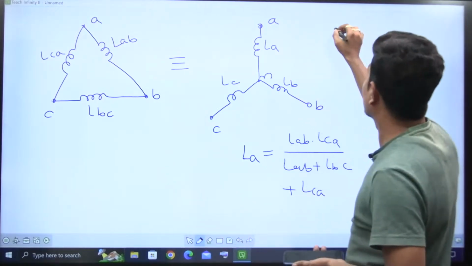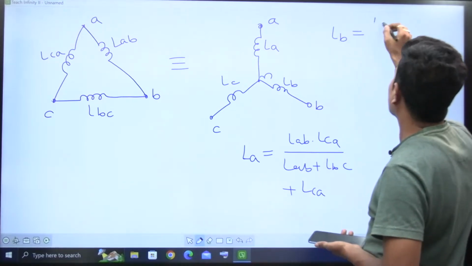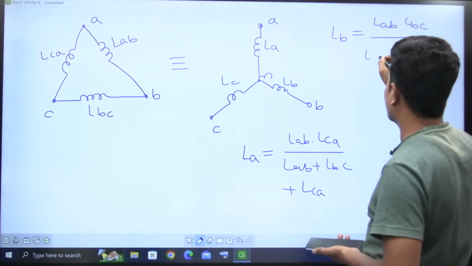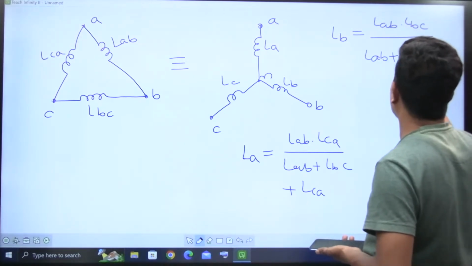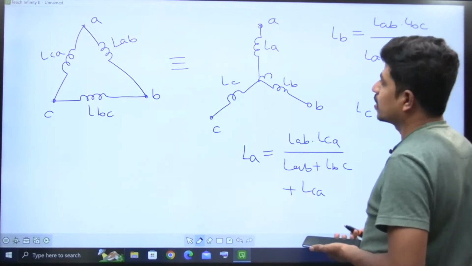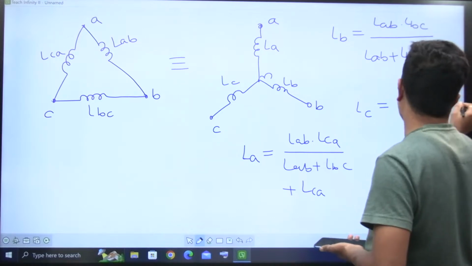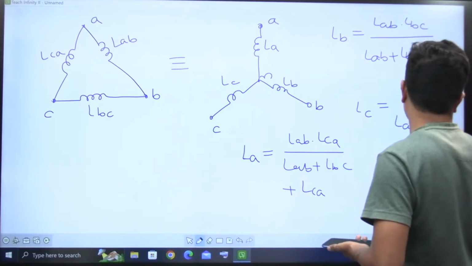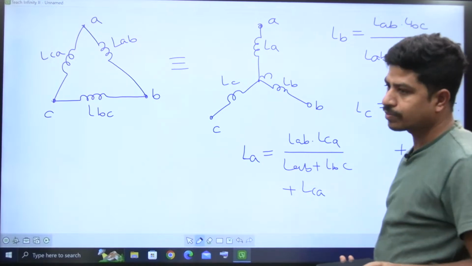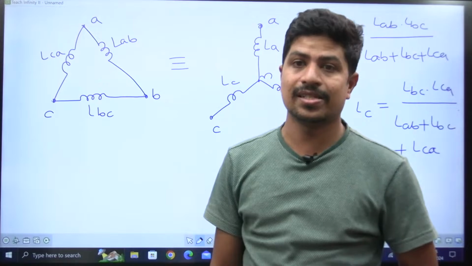Next, LB is equal to LAB into LBC by LAB plus LBC plus LCA. LC is equal to LBC into LCA by LAB plus LBC plus LCA. That's all. That formula is applicable for both inductors as well as resistances.